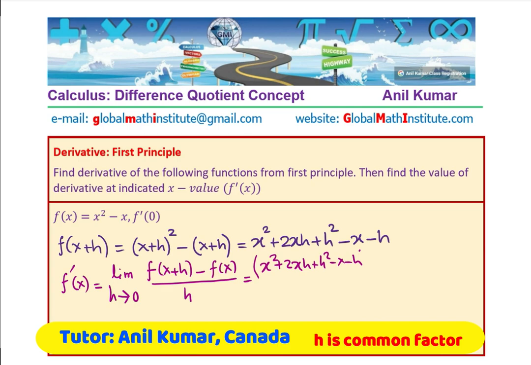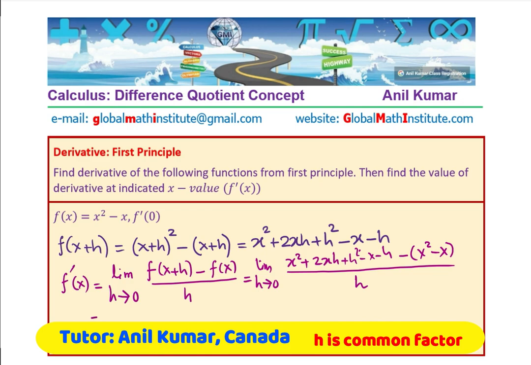I have to write limit h approaches 0 also before this. So limit h approaches 0 and all this, which is x squared plus 2xh plus h squared minus x minus h, and then minus of f of x. F of x is the function given to you. So you say minus of x squared minus x, everything divided by h.